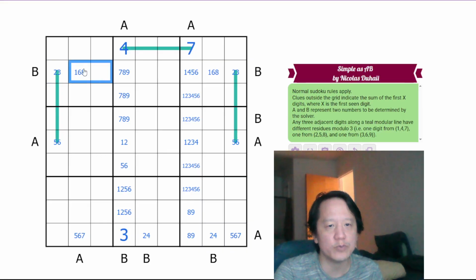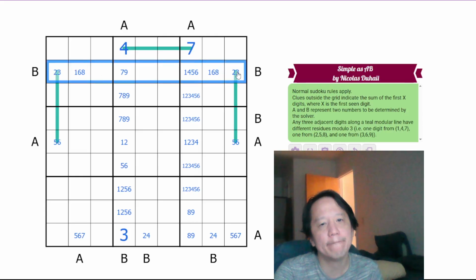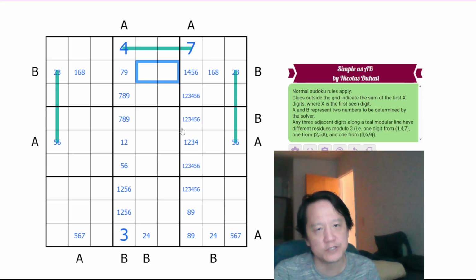And then the other one would be 8. So the rest of row 2 outside of these cells cannot have 1, 2, 3, 6, or 8. Interesting.